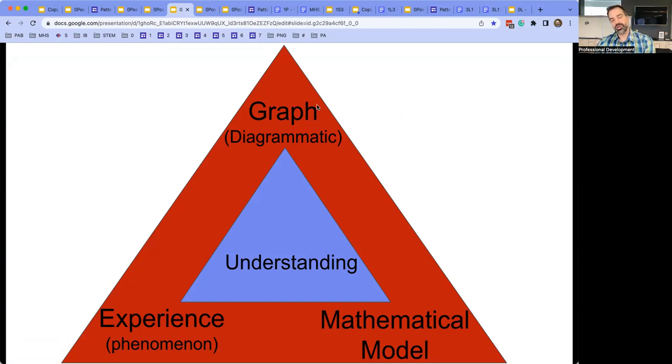Then we leverage that graph and our understanding of what's going on in the world to make sense of the mathematical model that we created. Sometimes they can get that mathematical model from Desmos more as a black box. They just curve fit it, and they don't know why the mathematical model works. And so data discussions are to answer that question: why is that mathematical model effective and applicable?